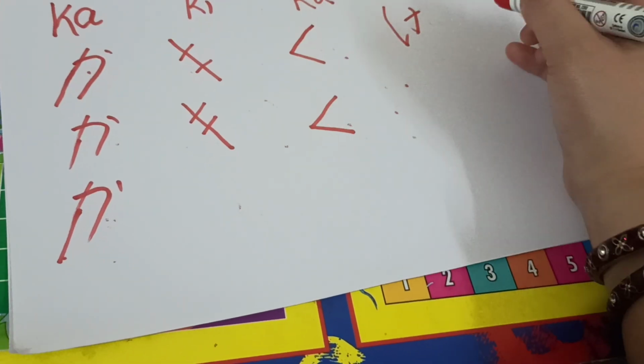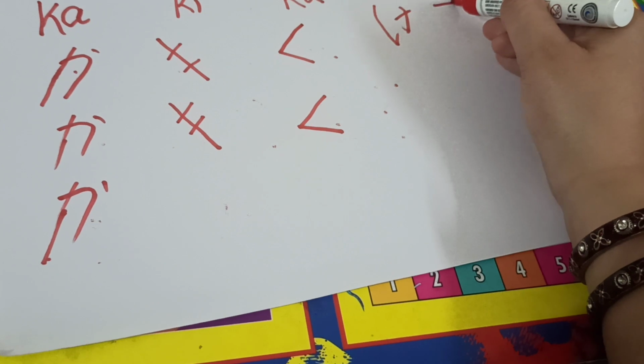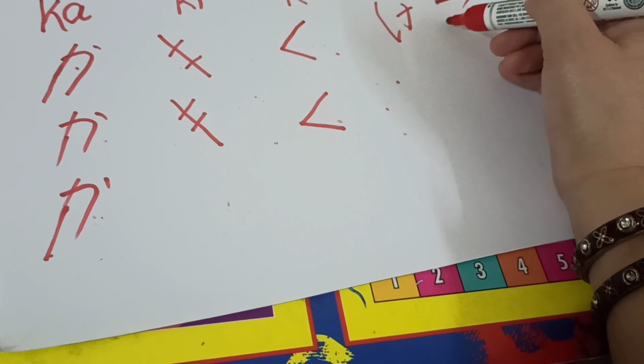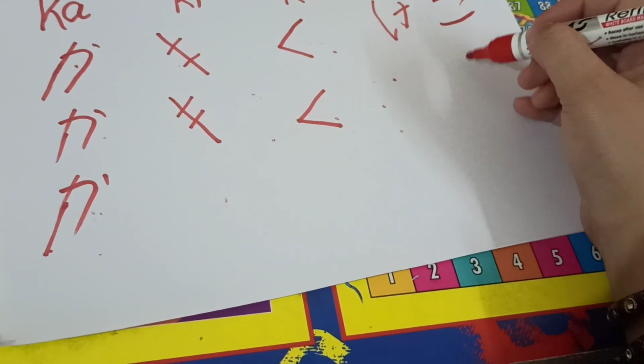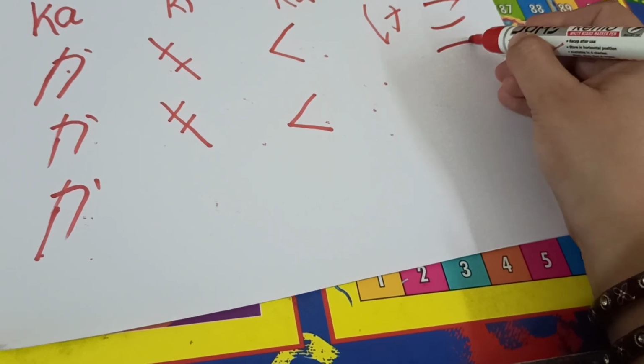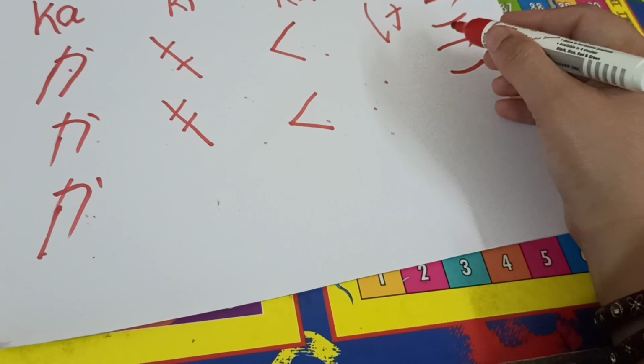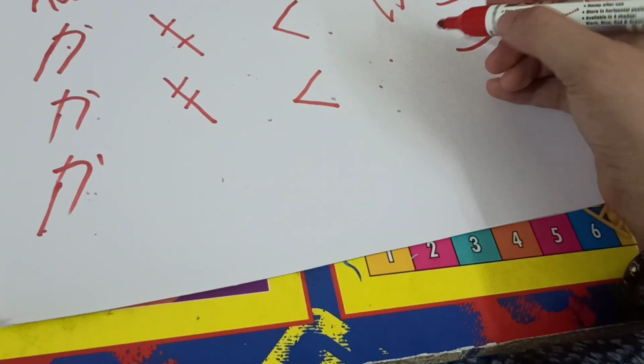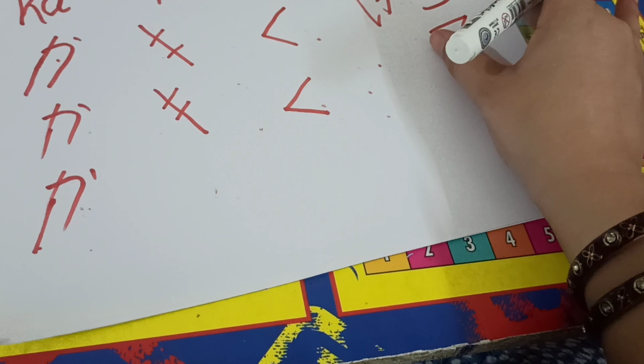Next is Ko. Ko is like this. Ka, Ki, Ku, Ke, Ko.